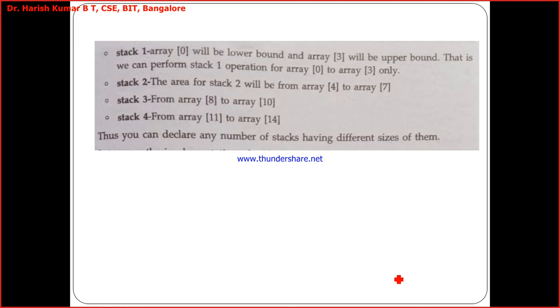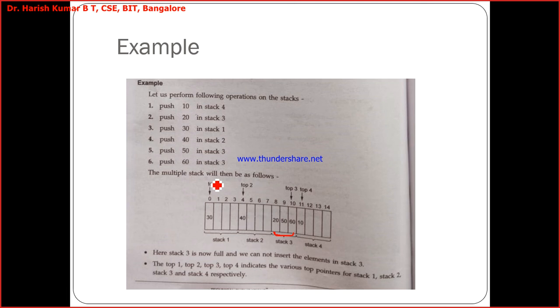Okay, next. Now indexes are important. See, top is here. When I take stack 1, the top should vary from 0 to 3. When top 1 reaches index 3 and I try to insert, it should tell me stack 1 is full.